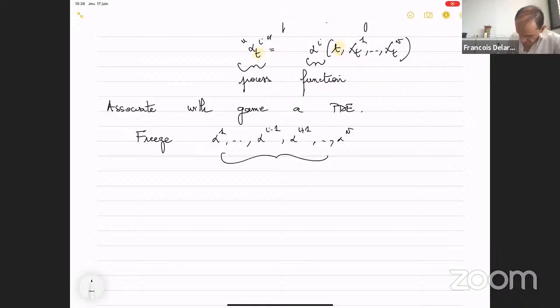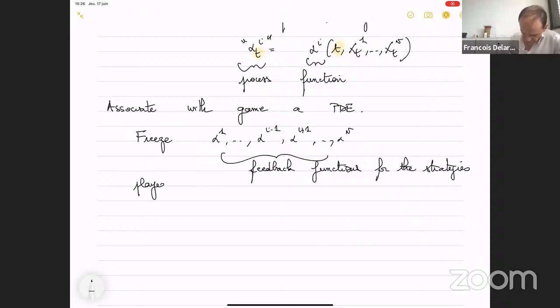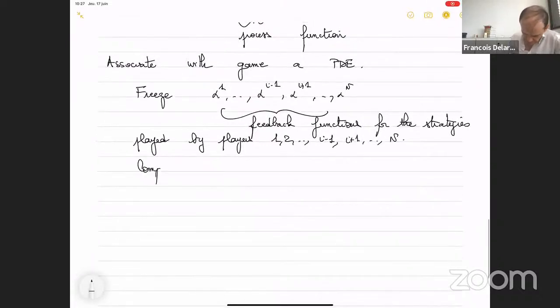So these are the feedback functions for the strategies played by players 1, 2, ..., I-1, I+1, ..., capital N. And then you want to compute the best response of player I itself.